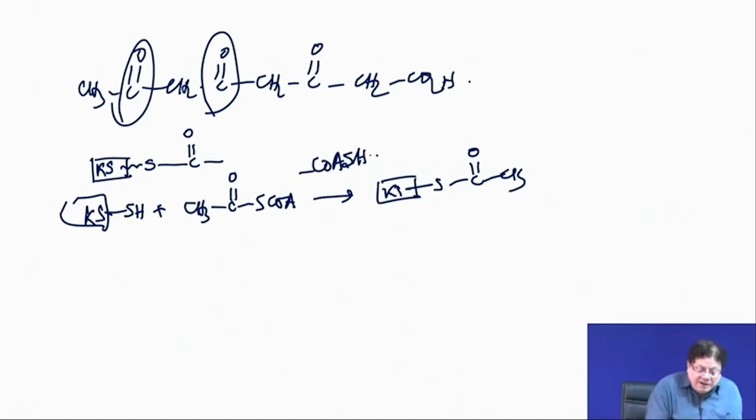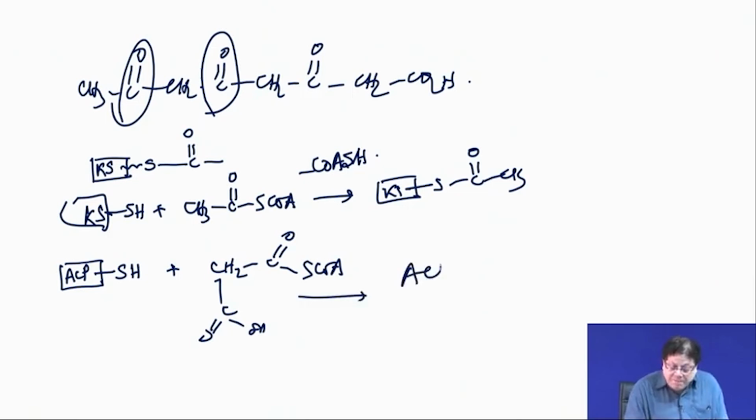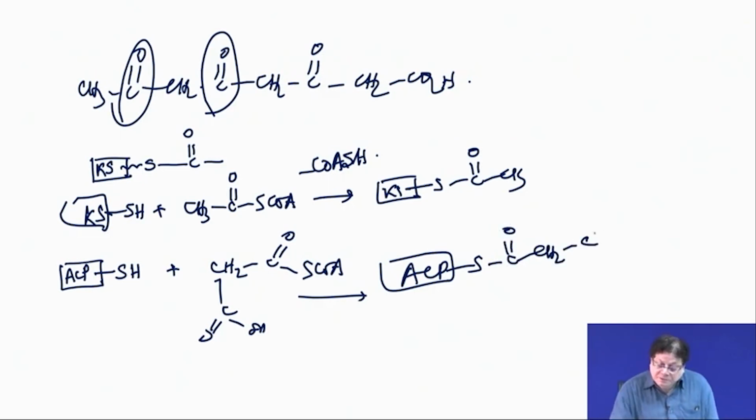And there is another enzyme protein which is called ACP, acyl carrier protein. It again has an SH arm, and that takes up the malonyl CoA. So, then ACP-S-CO-CH2-CO2H.